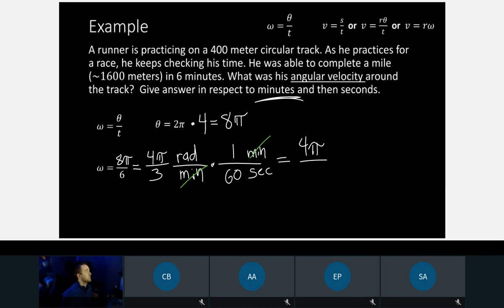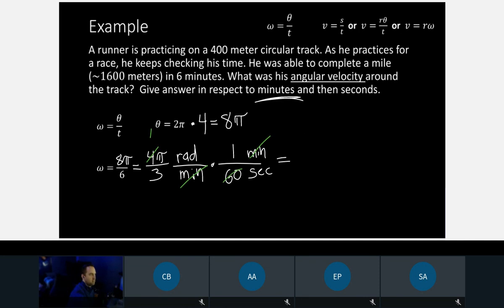Let me back up a second. And you don't have to do what I'm about to do in terms of reducing now. But look at that 4 and that 60. I can reduce both of those. So 4 goes into 4 once, and then 4 goes into 60.